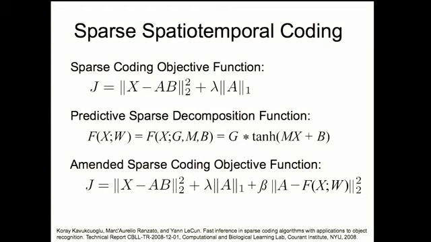It is going to be a function that's going to learn how to approximate the sparse coefficients that were computed by a coordinate descent algorithm or some other optimization algorithm. So the amended sparse coding algorithm is, again, just the two components of the sparse coding objective plus a third, which basically shows the error with respect to the A, which are the sparse coding coefficients, the ones that are computed optimally, and the output of our predictive function for doing sparse decomposition.